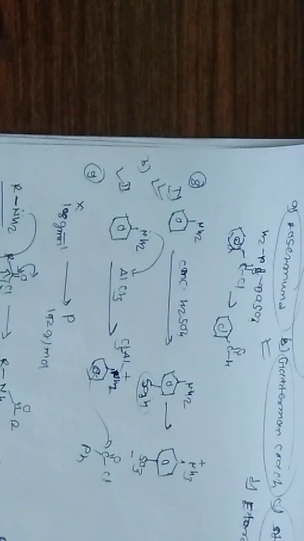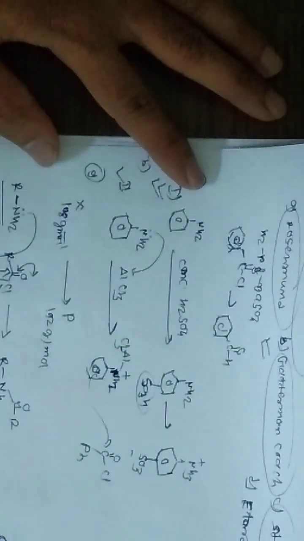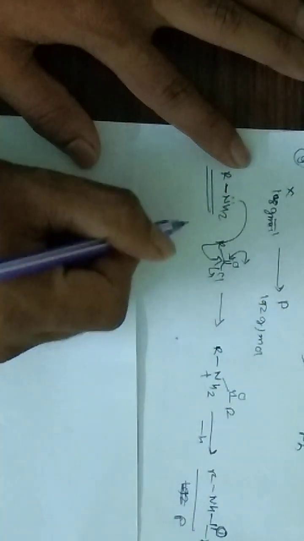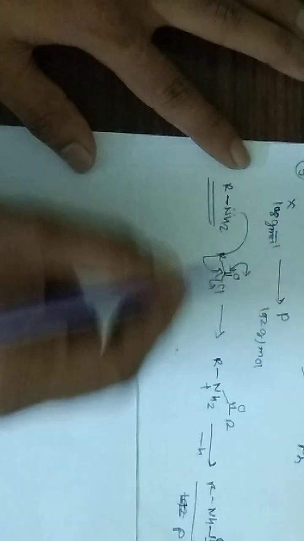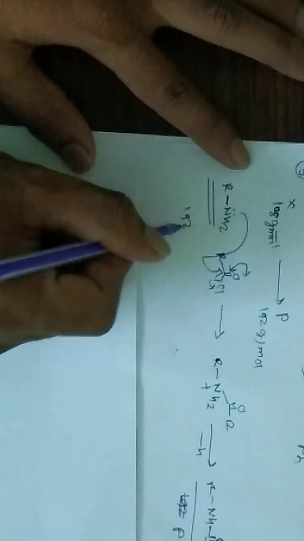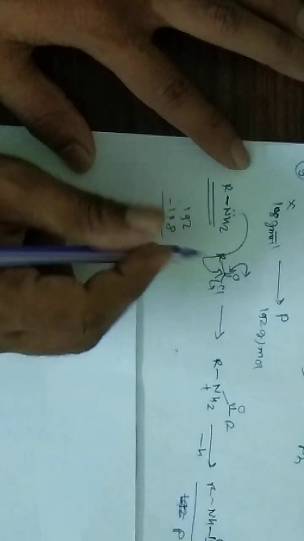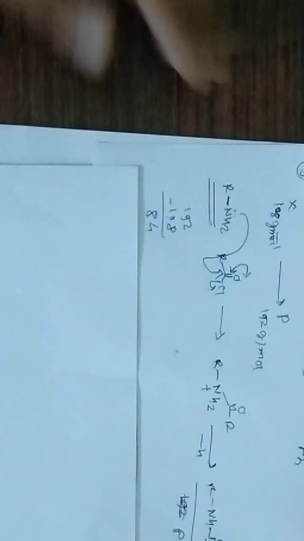To find that out, first we have to calculate how much mass is increased after the reaction. 192 minus 108, 84 is increased.